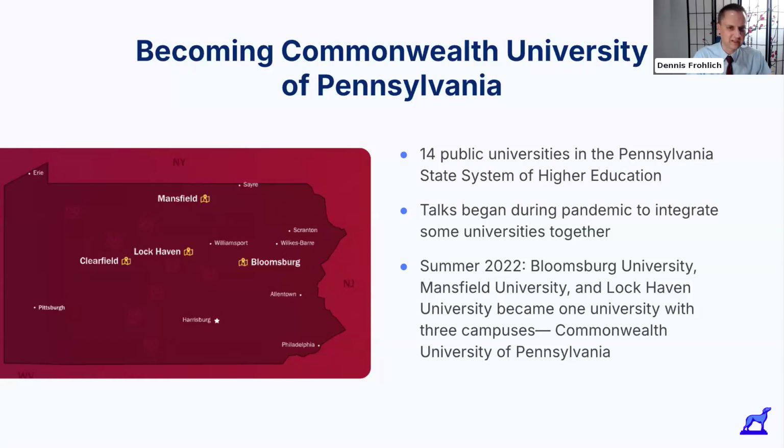There's actually a 4th one listed on the map here, Clearfield, which was a satellite campus from Lock Haven, which is going to be closing in a year or 2. So we have these 3 main campuses, and the same thing happened in the western part of the state. 3 other universities in the PASHE system merged together at the same time. That merger officially began on paper in summer 2022. Next slide, Bridget.